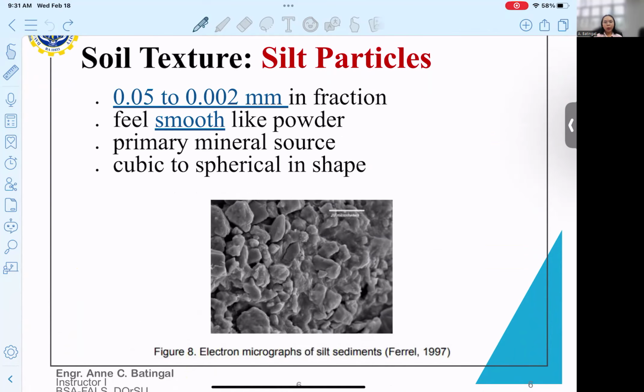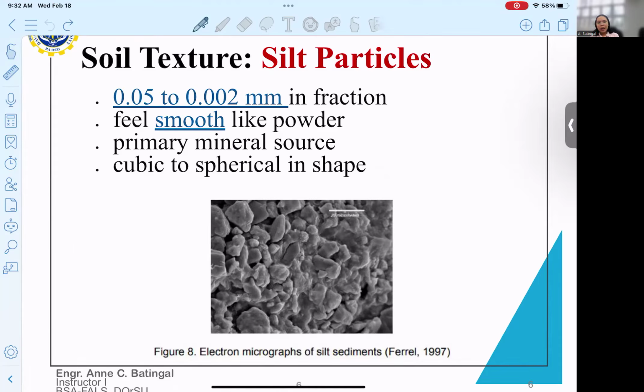Now, unlike your sand particles that is coarse or abrasive when rubbed, your silt particles feel smooth like powder. So, smooth siya, more siya ka ng baby powder. Still, its source are your primary minerals, and its shape is cubic to spherical.